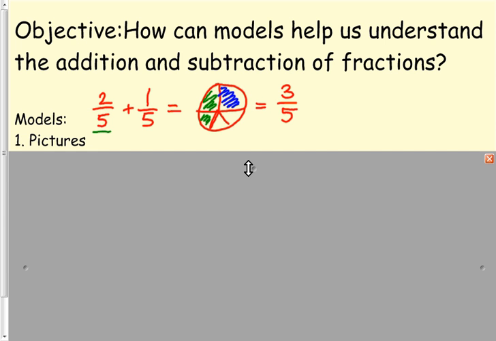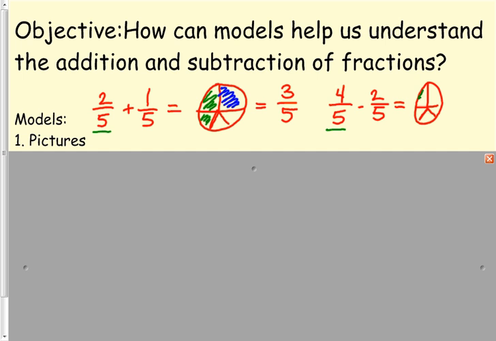or we subtracted and we did 4/5 minus 2/5 equals, and again we drew a picture of fifths, and we are starting off with 4 out of 5.